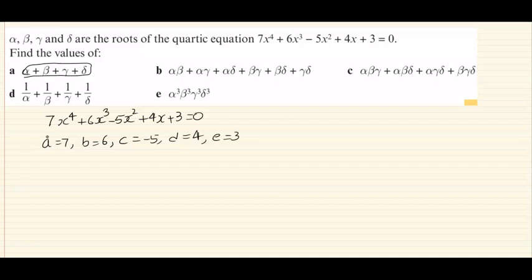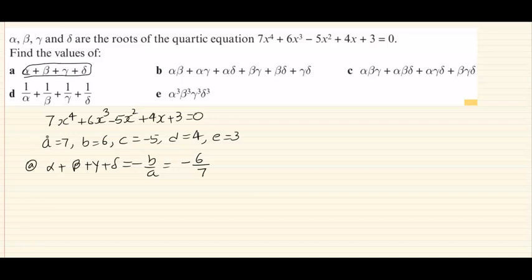And they are asking you to find alpha plus beta plus gamma plus delta. So alpha plus beta plus gamma plus delta is what? Minus B upon A. So write down here, A part: alpha plus beta plus gamma plus delta is minus B upon A. So it is minus, what is the B value here? 6 and A value here is 7.